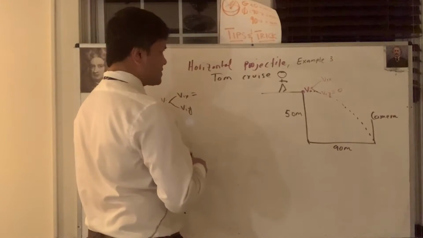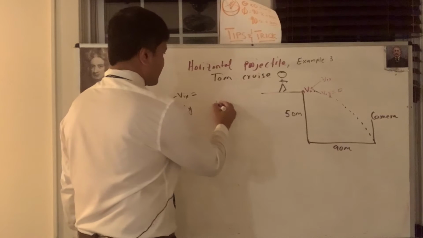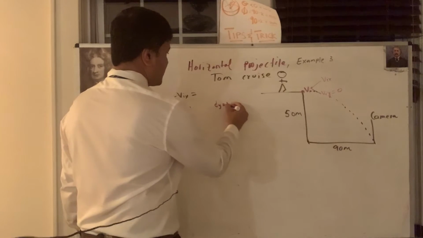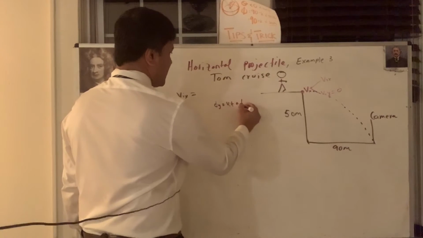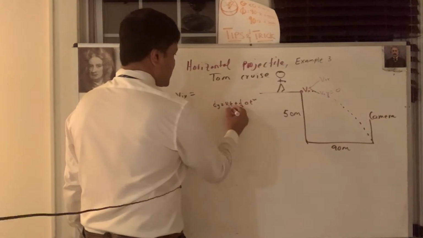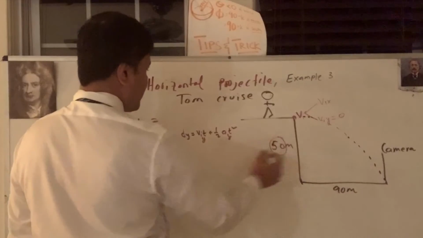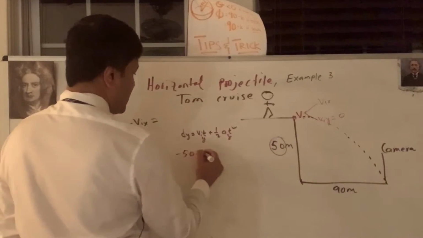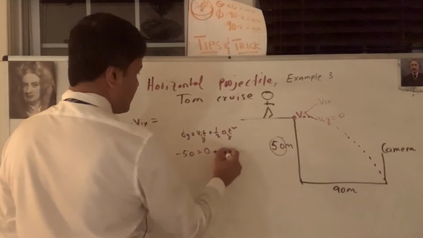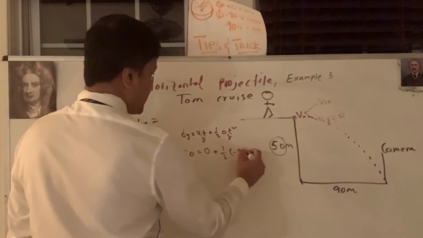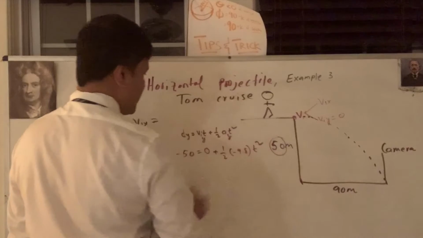So to find the elapsed time, we have to use dy equals vit plus half at square. So in the y direction, negative 50 is equal to viy, which is 0, plus half times negative 9.8 t square.